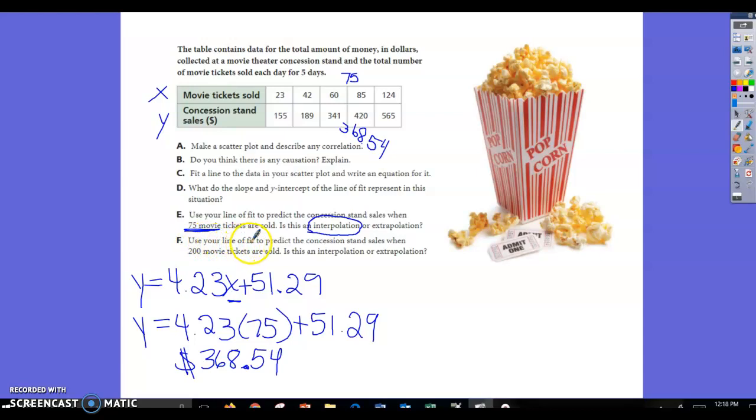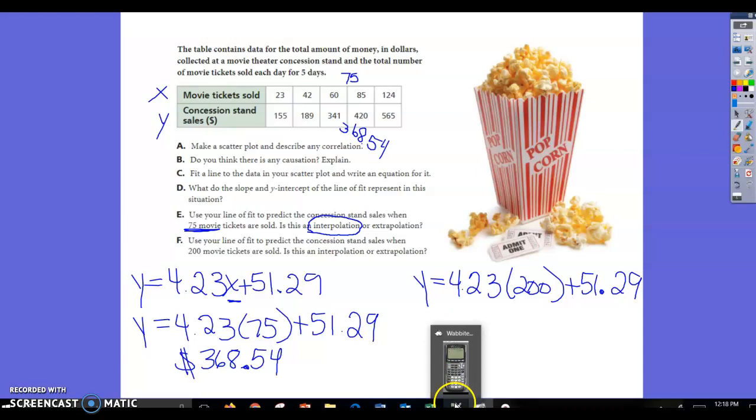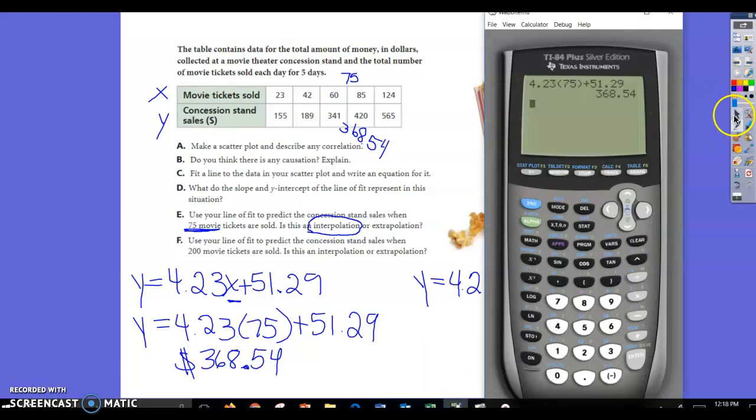All right, so it says use your line of best fit to predict concession stand sales when there are 200 movie tickets. So we're going to say y equals, still have the same equation, 4.23 times 200 plus 51.29. Let's use this equation to figure this out.